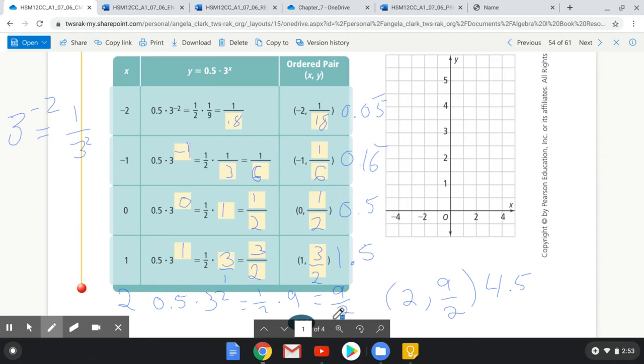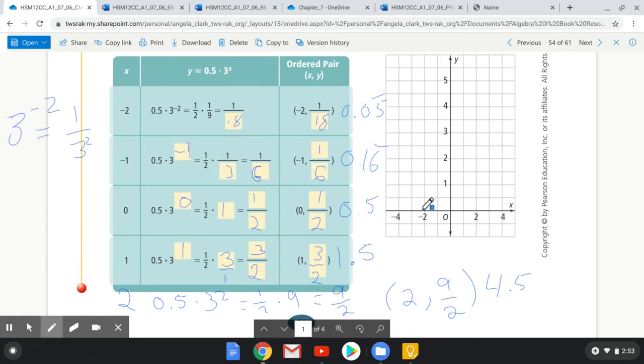So if we go to -2 as our x, and 0.05 is our y, we're going to be here just above -2. That didn't even show up. Just above -2, like just barely.